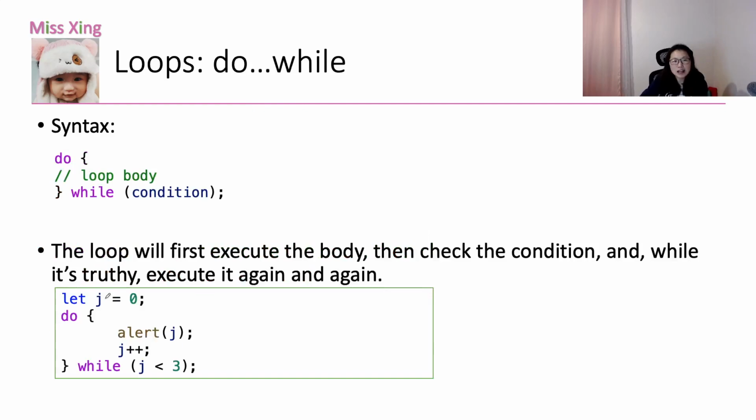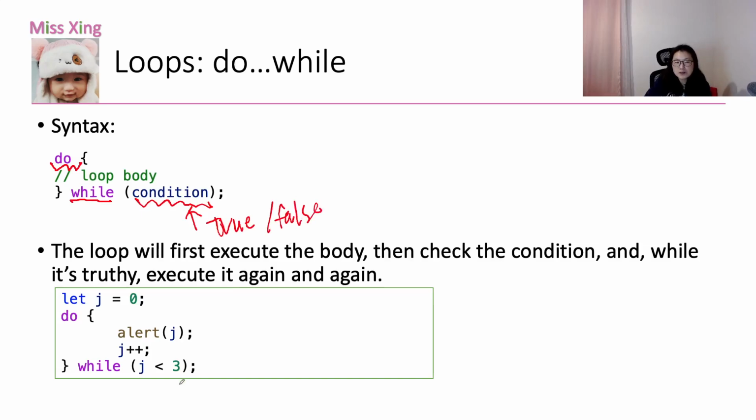Now let's take another one, which is the do while loop. The difference is here. The syntax is like this: we have do, and we have a loop body with the statements you want to execute, and then we have while and the condition. The same thing applies: the condition can be any expression that returns true or false.